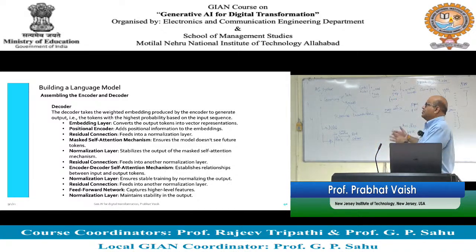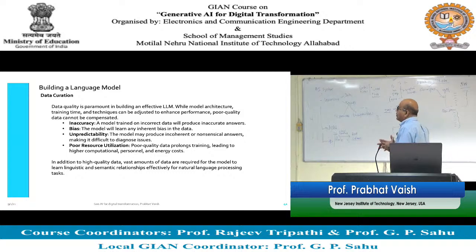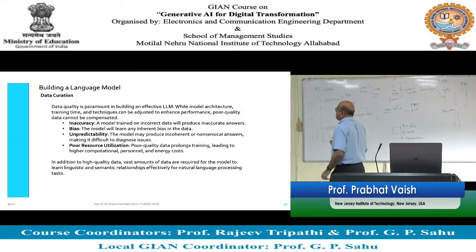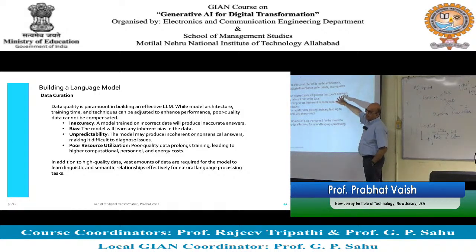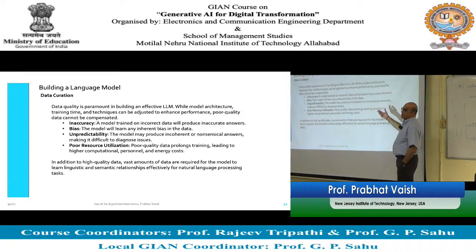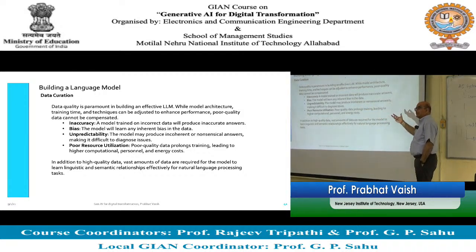Now, how well your network learns depends on how good the data you provided. So the data quality is very important. You want to make sure that your data does not have inaccuracy in it, and does not necessarily have inherent biases in it, because some amount of predictability is built into the data.